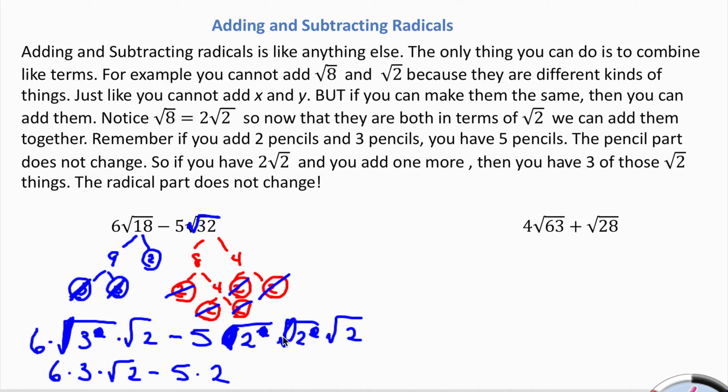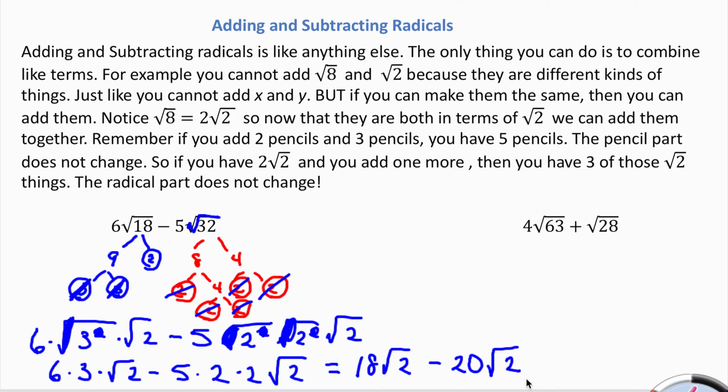And this one also can now be not under a radical. But this one doesn't have a square, so it has to stay under the radical. Okay, so now these numbers are outside the radical. I can multiply them. 18 square roots of 2. This is 5 times 2 is 10 times 2 is 20. Minus 20 square roots of 2.